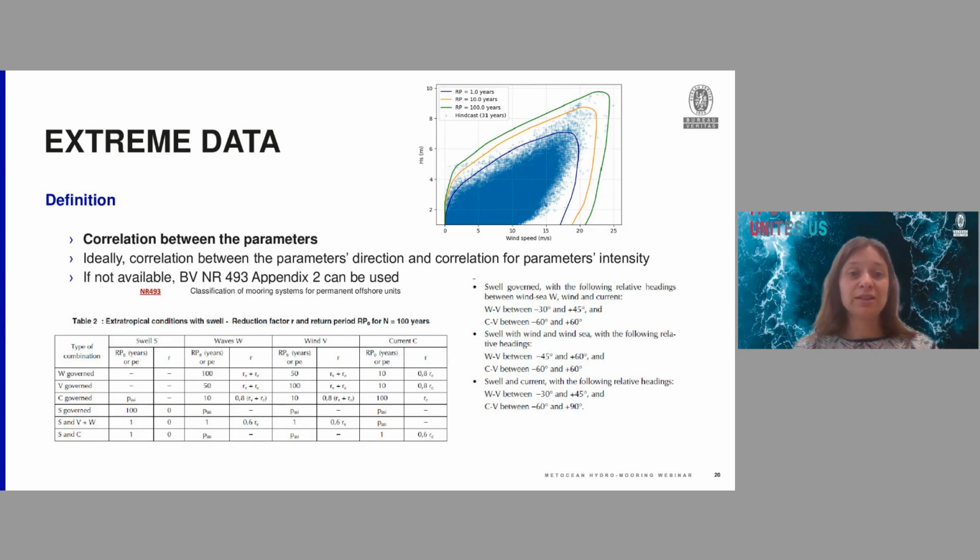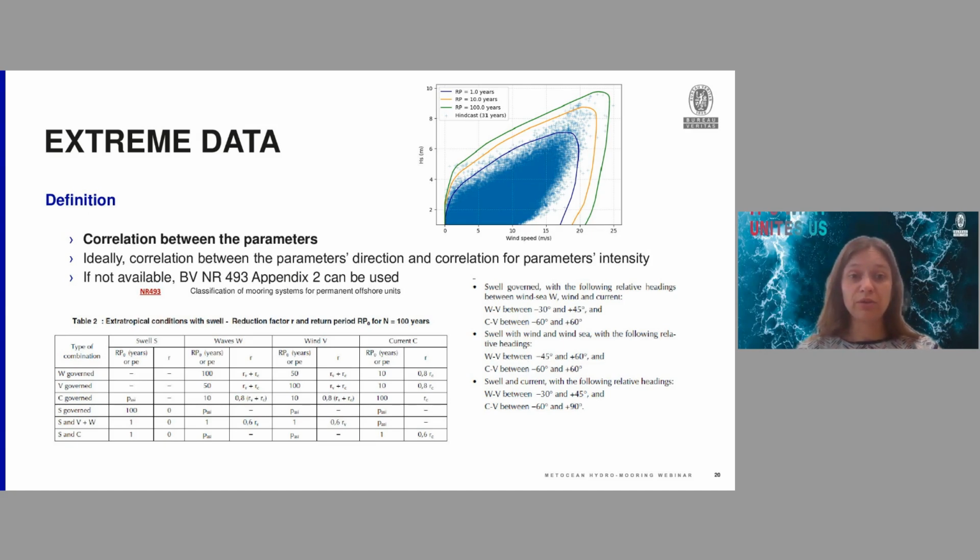We can also find sometimes in the report the correlation between the parameters, meaning if I have a 100-year return period of waves, what will the wind be? Because we will not likely have at the same time a 100-year return period for wave, wind, and current. It would be highly improbable. So we can find these correlations in the report.